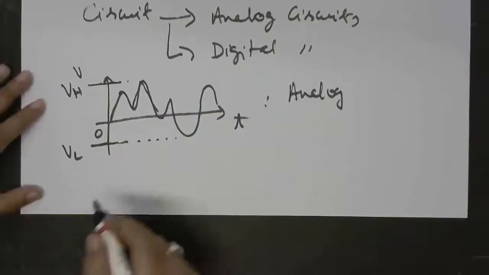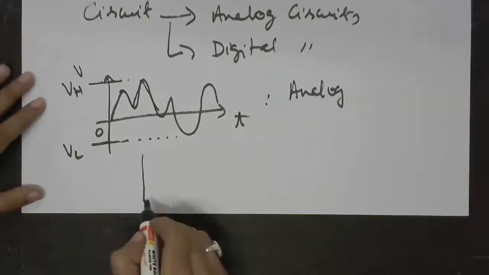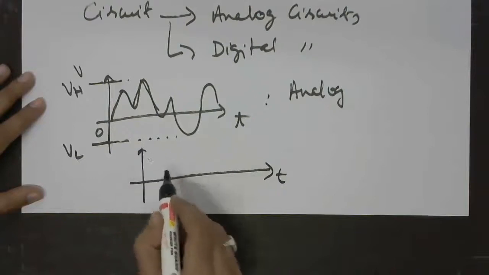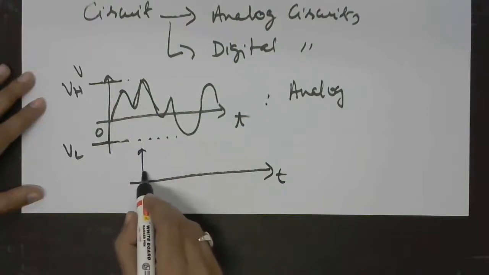While another possibility is that we have again a time varying voltage, but it has this kind of variation.